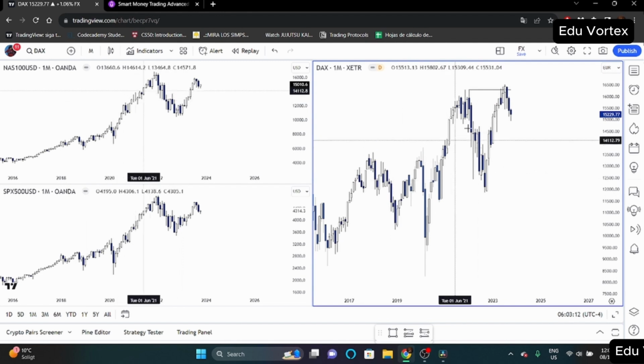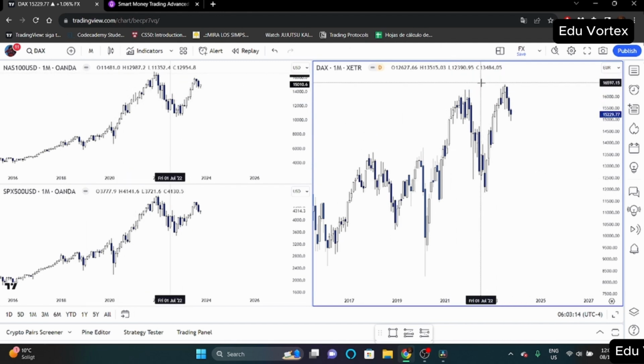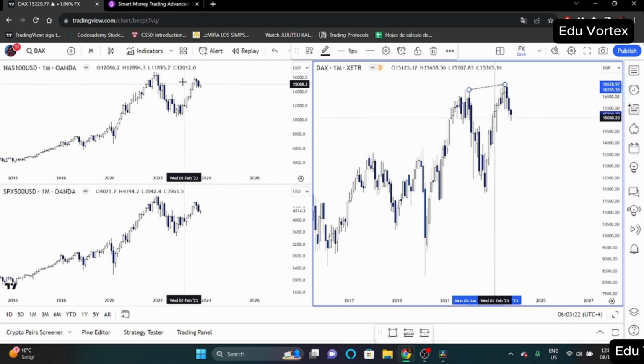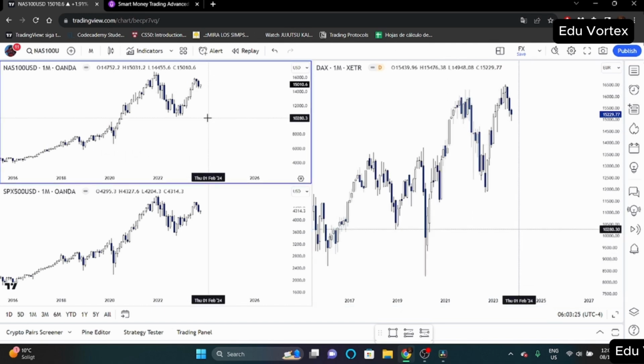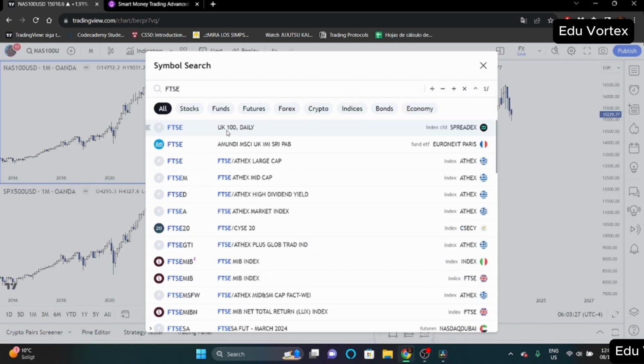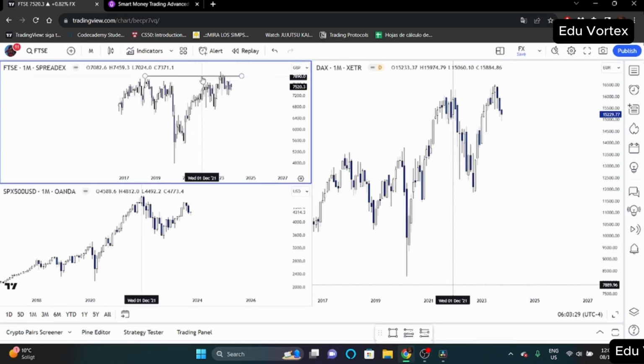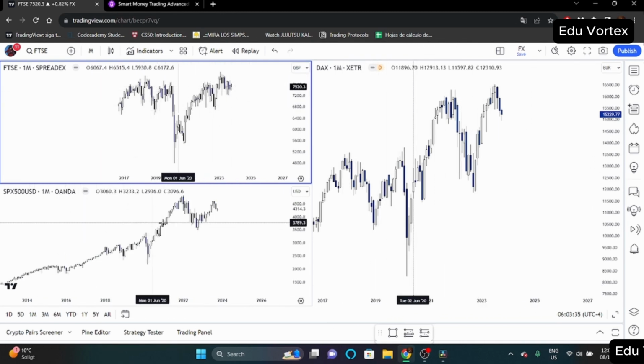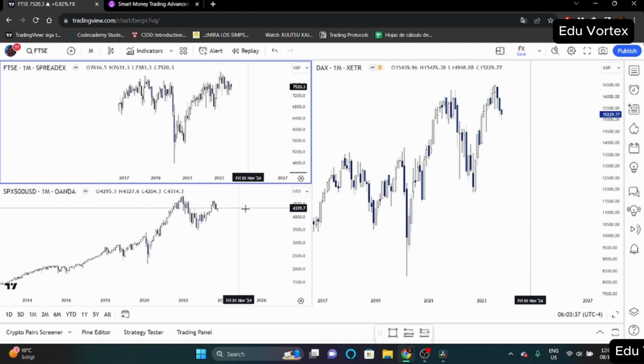Because if we go to a monthly chart, I don't really use DAX for SMTs, but the DAX is making a higher high, and these ones are not really making a higher high. Okay, now let's go to the FTSE. FTSE is making a higher high as well, and the American indexes are not.